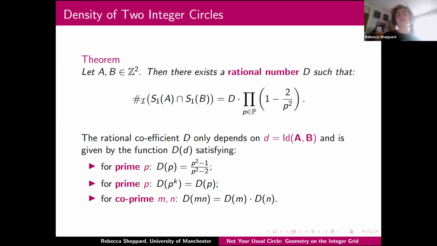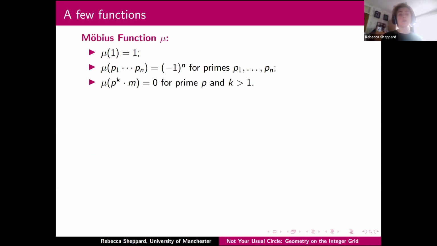In order to outline this proof, I'm going to introduce a few concepts from other areas of mathematics. So the Mobius function mu is defined so that mu of 1 is 1, mu of a product of n distinct primes is minus 1 to the n, and mu of p to the k for k greater than 1 for any prime number p is 0.